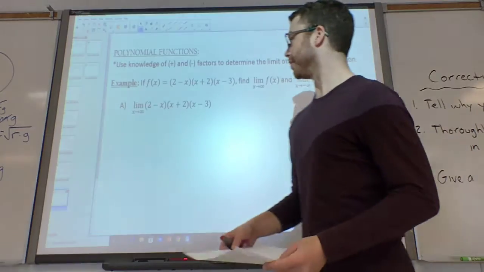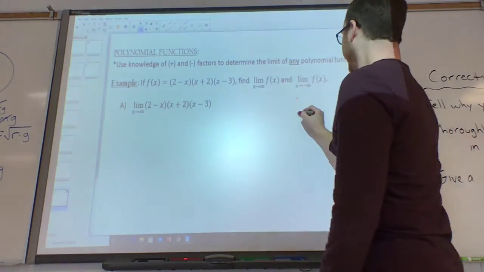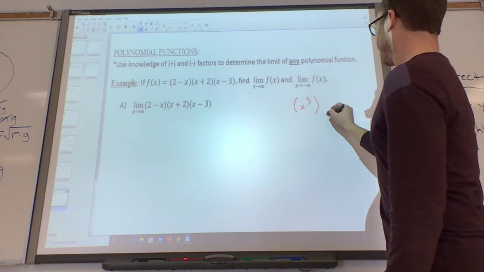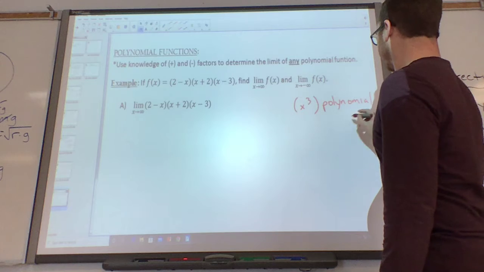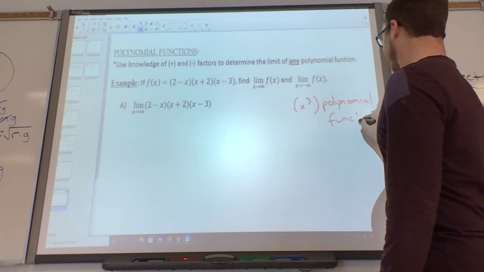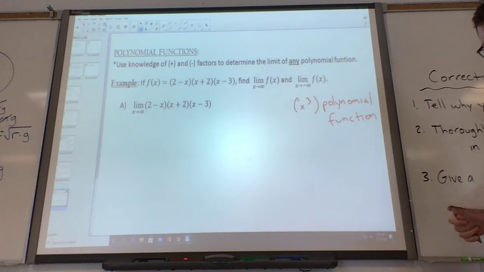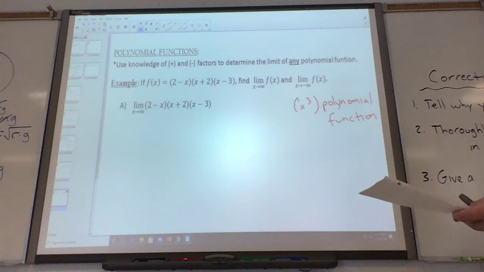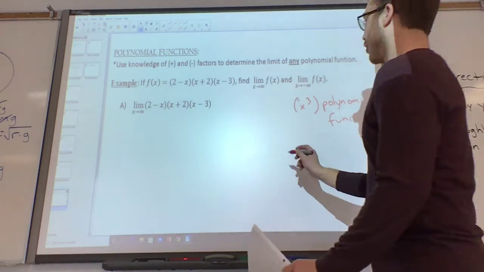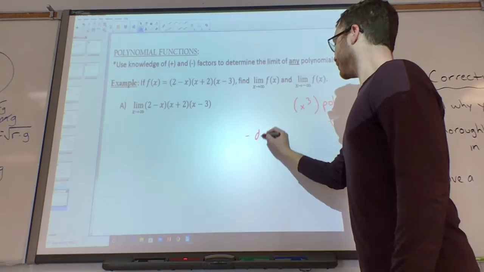It'll be a third degree, yeah, good. So we'll say this is an x to the 3 polynomial function. Okay. And then our next step is, so sorry, I'll make this easier for you.